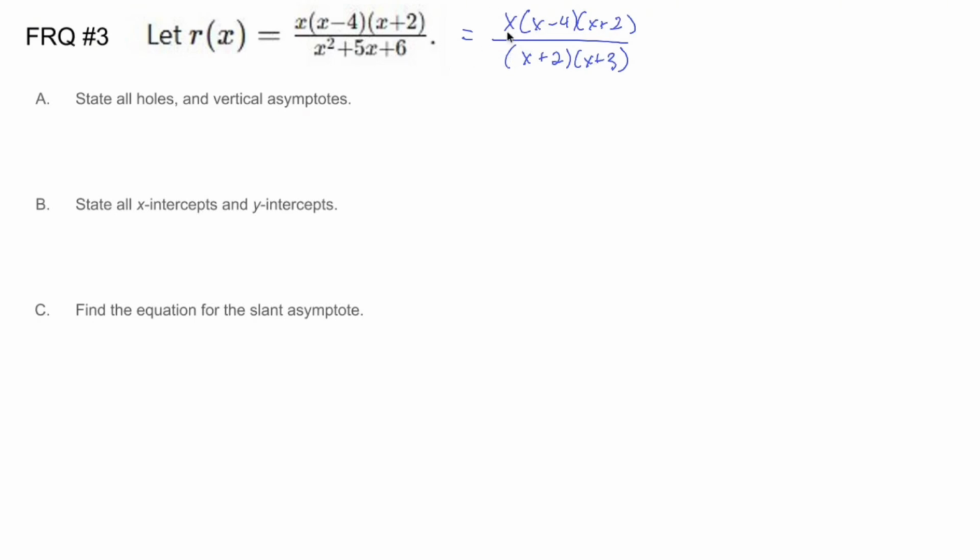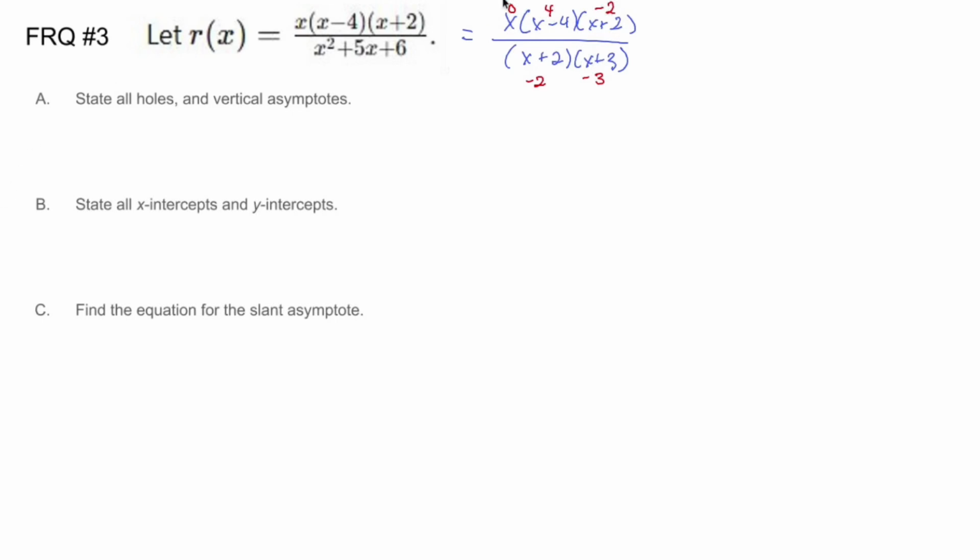And the magic numbers are the numbers that make each factor equal to 0. For example, plugging in 0 makes x 0, and that makes the whole thing up here 0. Plugging in 4 makes this factor 0. Plugging in -2 makes that factor 0, and plugging in -2 makes that factor 0. And plugging in -3 makes that factor 0.